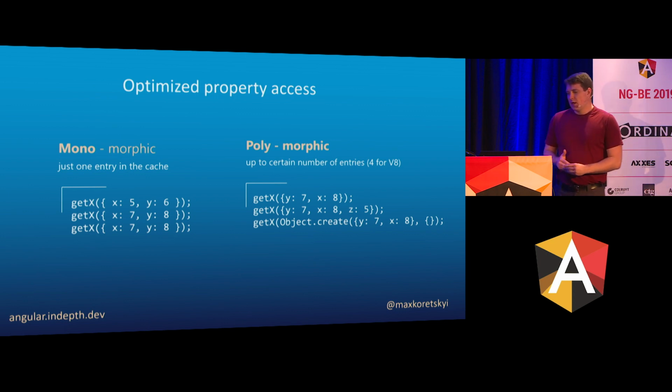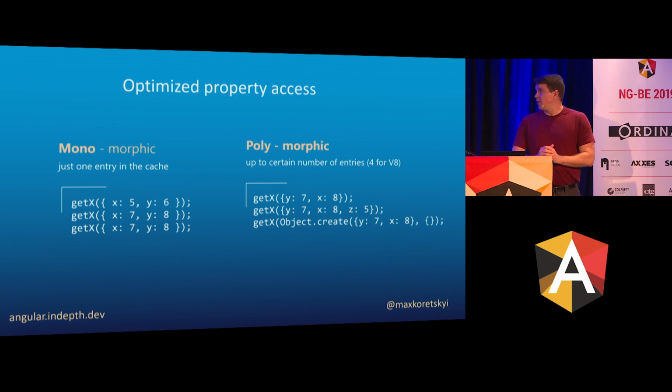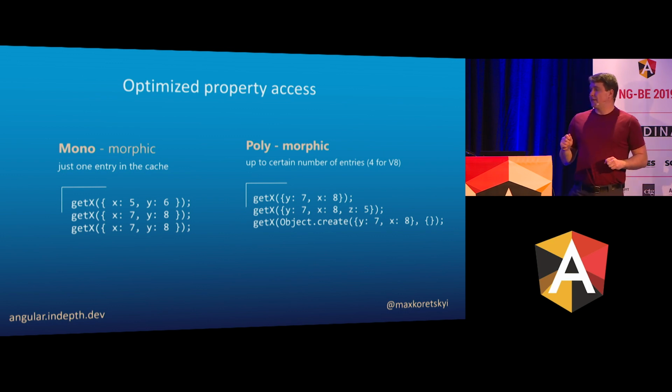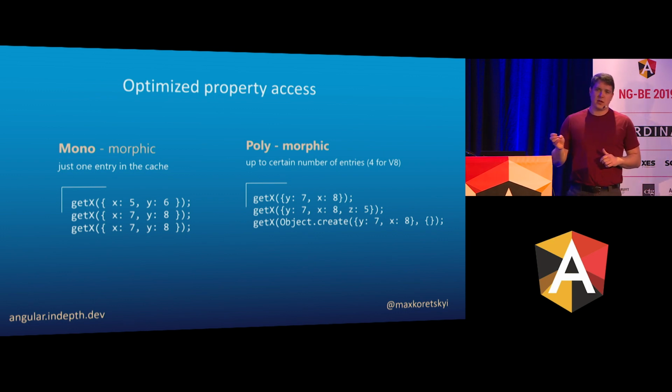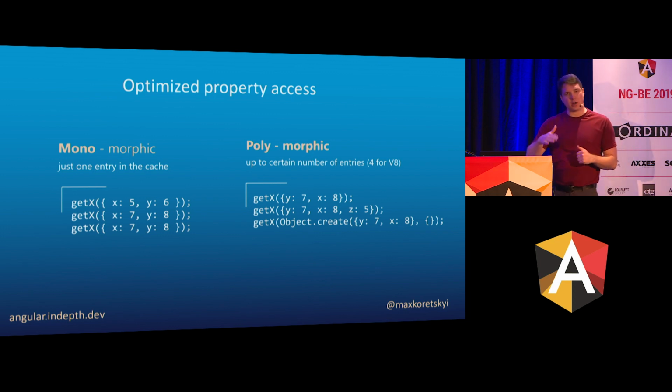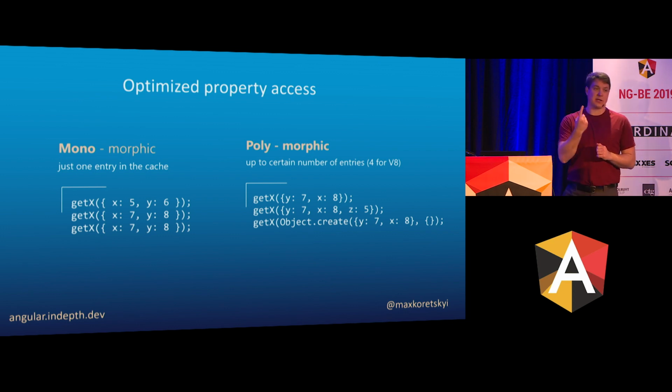And so the V8 writers defined the maximum capacity of this inline cache as 4 items. So if you call the function and pass in objects of 4 different shapes, it still works pretty fast. It's slower than monomorphic, where there's only 1 item in the array, but it's still pretty fast.